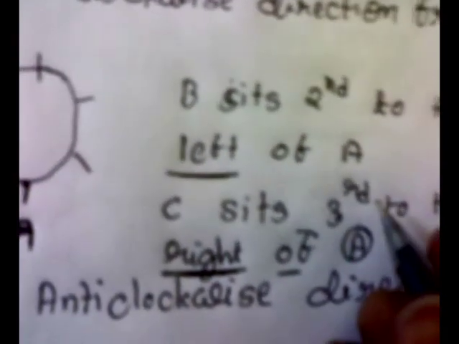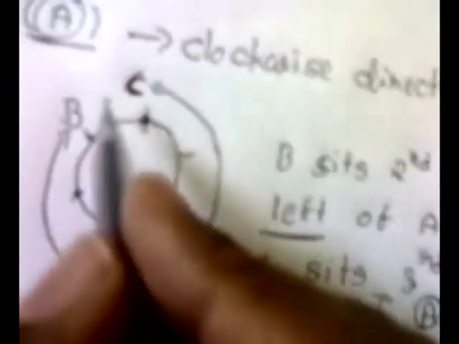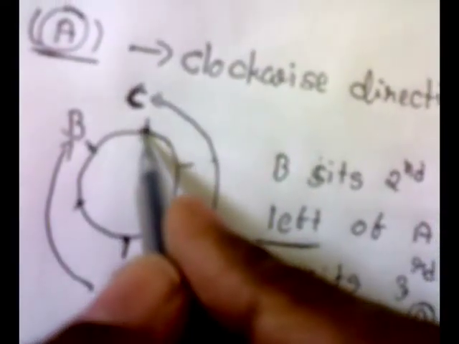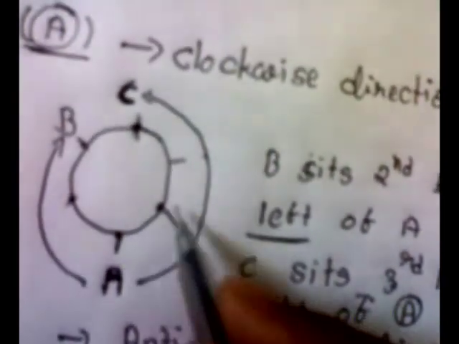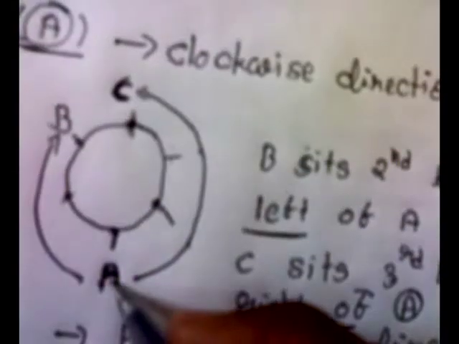Because of the word right, we move in an anti-clockwise direction from A, and the third spot, 1, 2 and 3, is where C will be. So it says C sits third to the right of A.